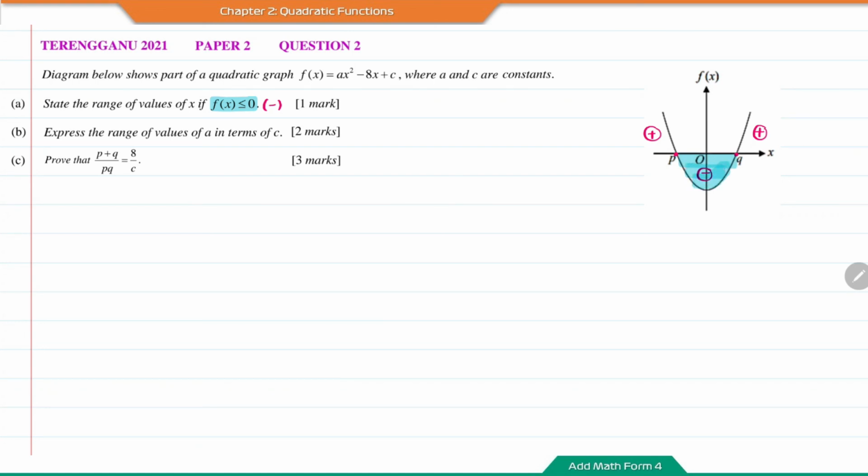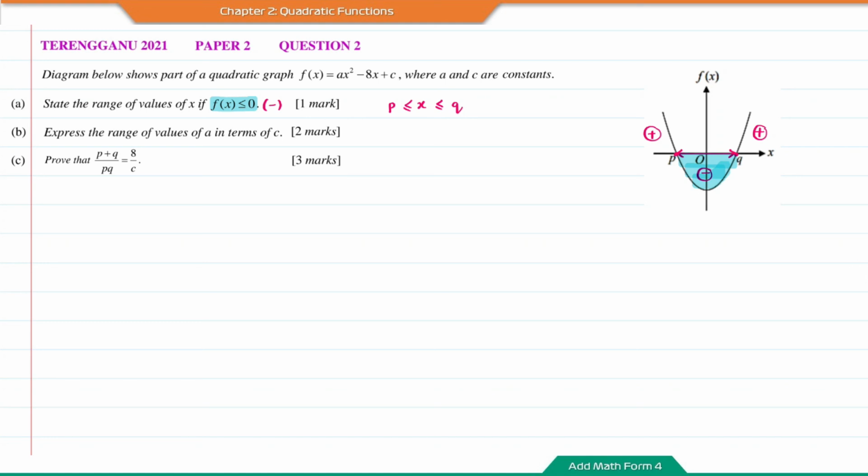Therefore, the range of the value of x will be in between P and Q. So the answer for A is x is greater than or equal to P and less than or equal to Q. That will be the range of the value of x.